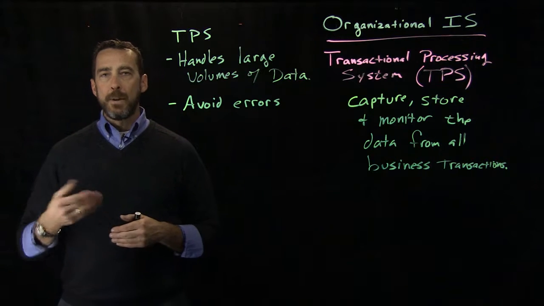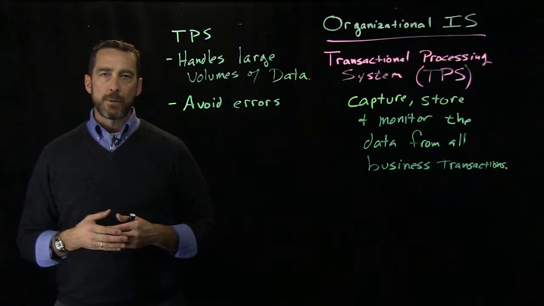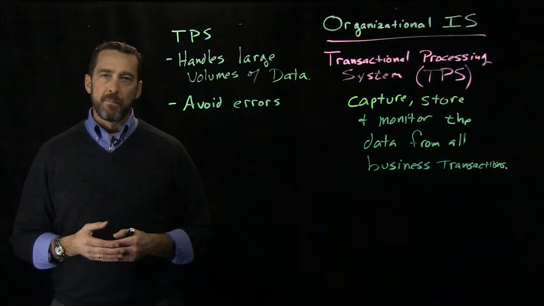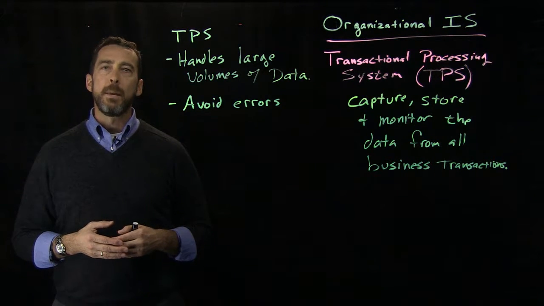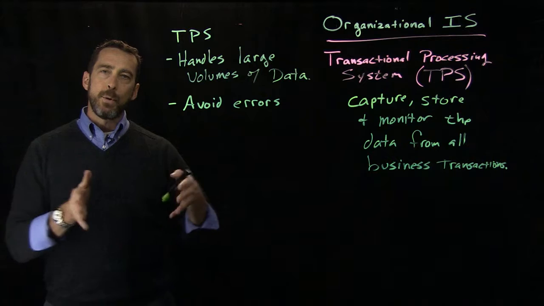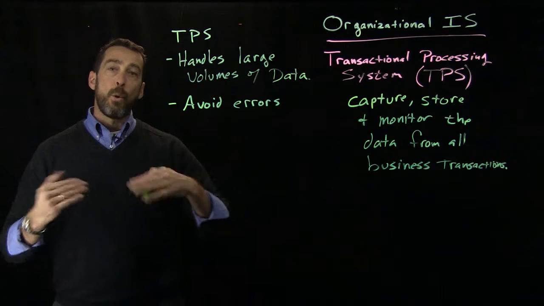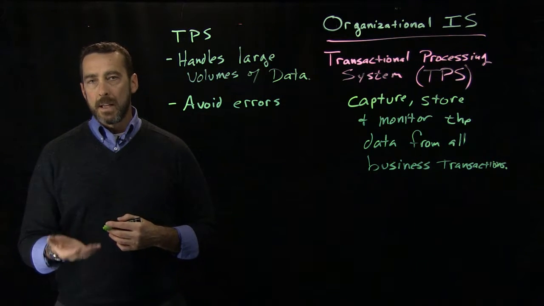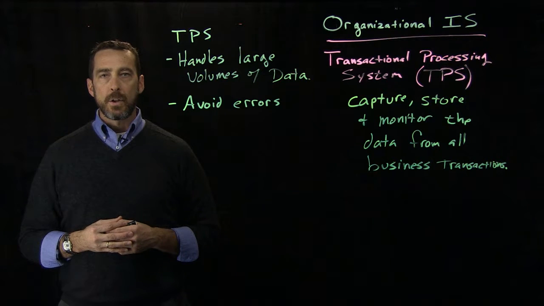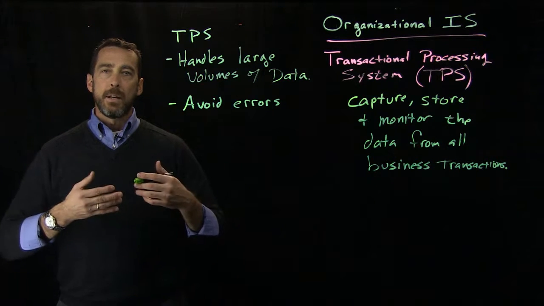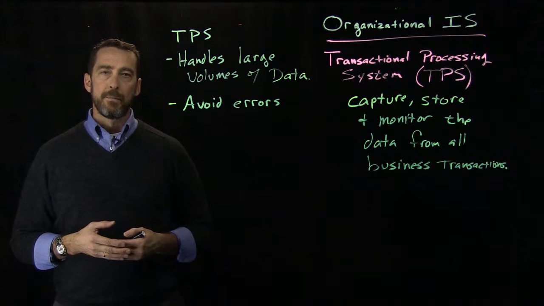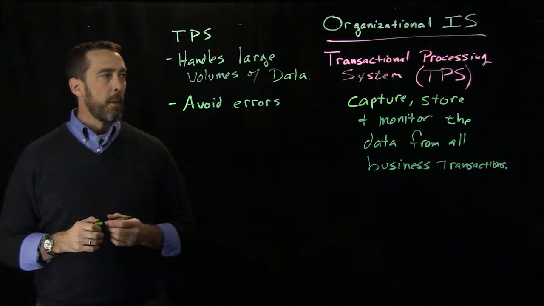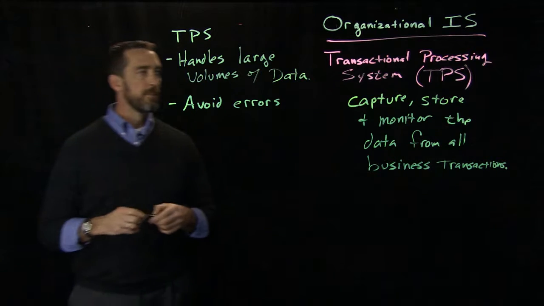So if you're going to buy a bunch of bananas, you don't want to be charged for a $100 wheel of cheese. So it's absolutely important for the transactional processing system to make sure that errors don't exist in the transaction or in the data. Think of this as a student. When you register for a class, you want to make sure that the classes you register for are indeed those classes that you'll attend. And so the TPS needs to be able to monitor that and avoid errors.